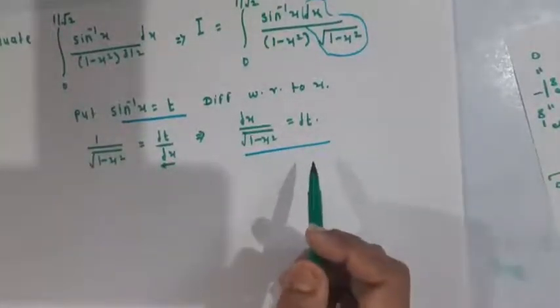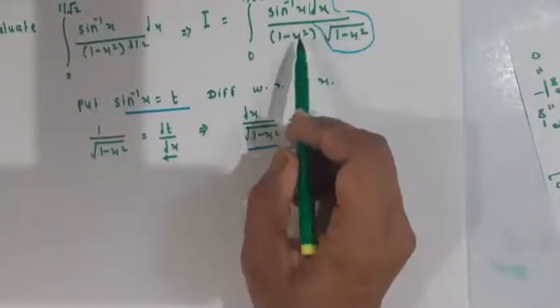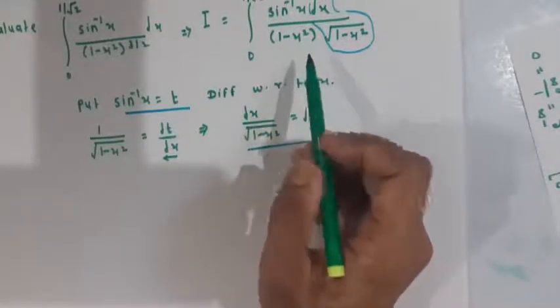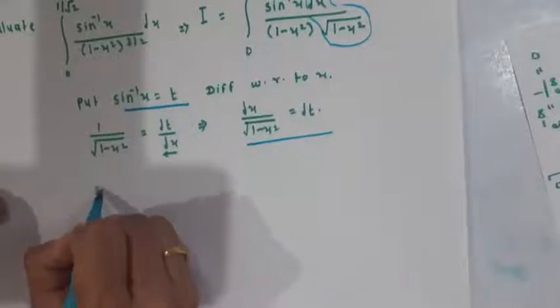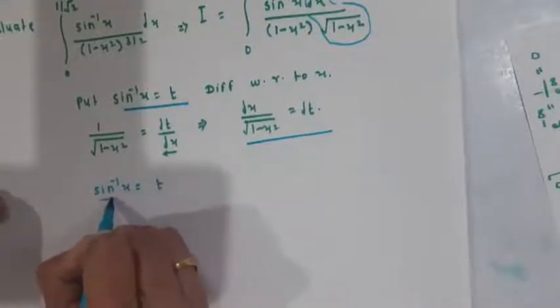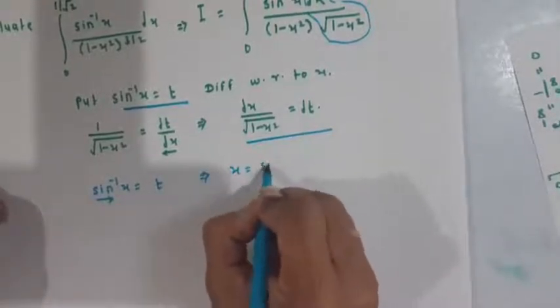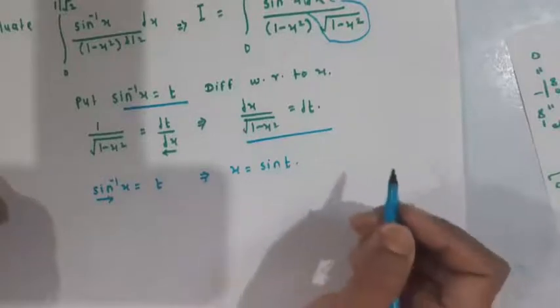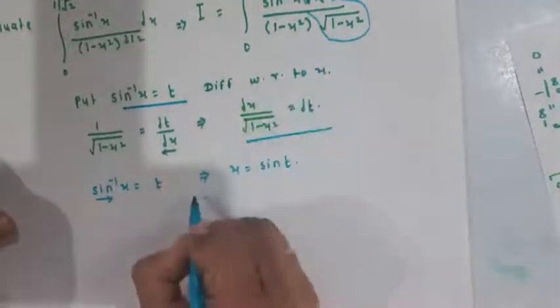Okay students, and now the integrand becomes t dt over the remaining factor. But what about the 1 minus x square? As we put sine inverse of x equal to t, shift this sine inverse to that side, we get x equal to sine of t. Now we have to find out the value of 1 minus x square.